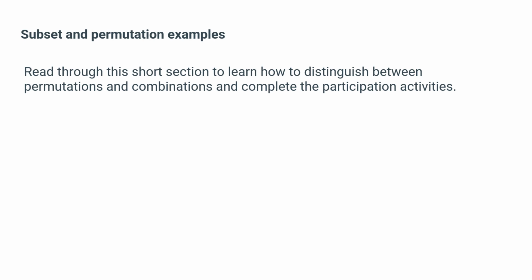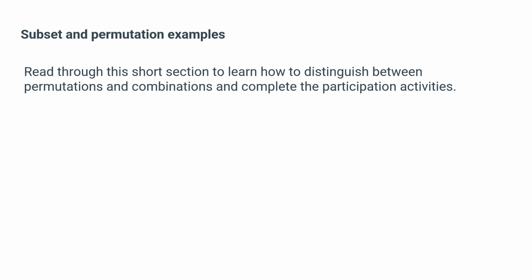Is this a permutation problem, or is this a subset problem? Or in other words, is this a combination problem? So definitely read through that. There might even be some participation problems to do. I think there might be. I'm not going to go over what they say in there because nothing's really new, but they're just kind of helping you see the difference.